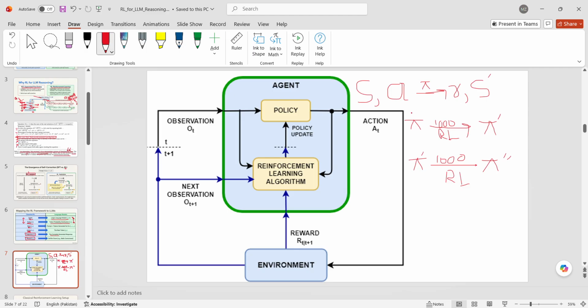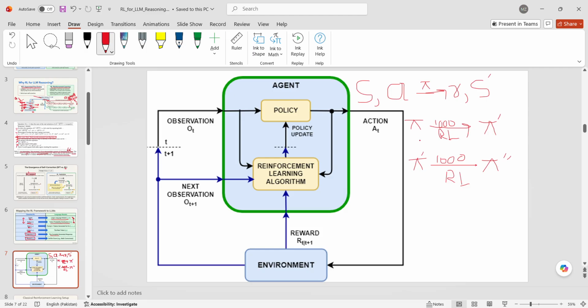So we initialized with a totally random policy. We played in the environment with the help of that randomly initialized policy, and we improved it using an RL algorithm. Then again we played in the environment, this time with the improved policy, for example 1000 actions, and then again we apply the RL algorithm on those samples and further improve the policy. By 2000 samples, we would have a policy pi double dash.